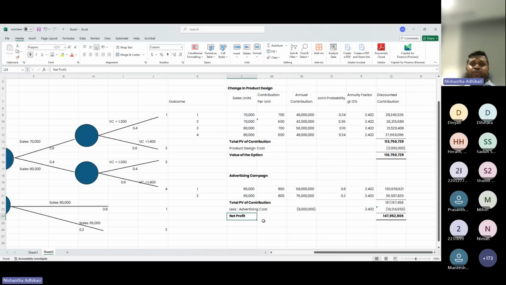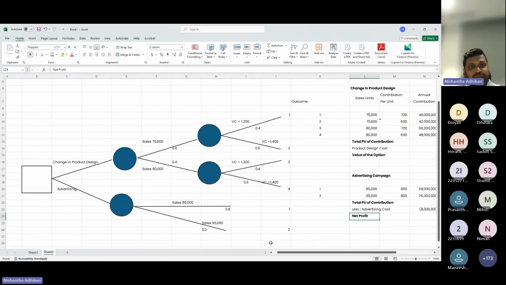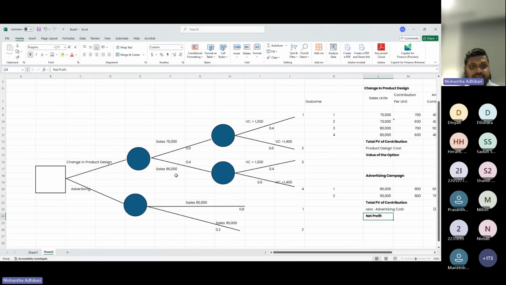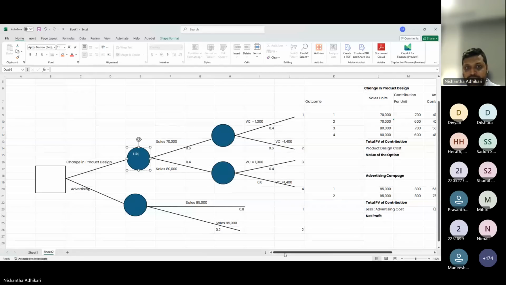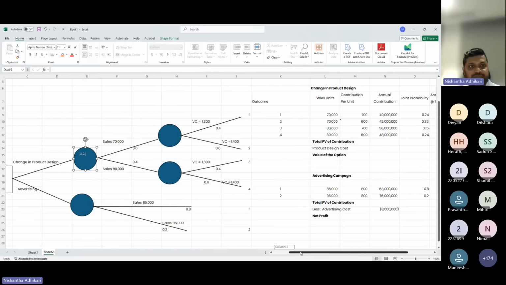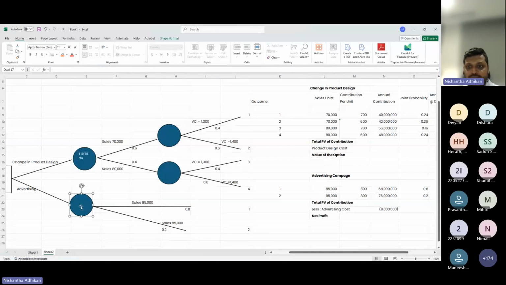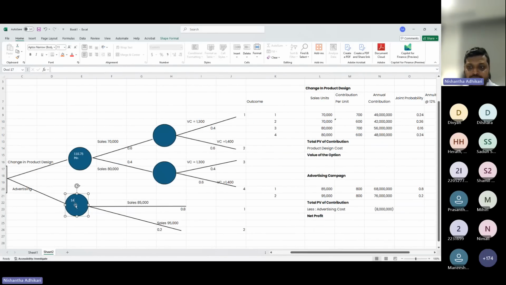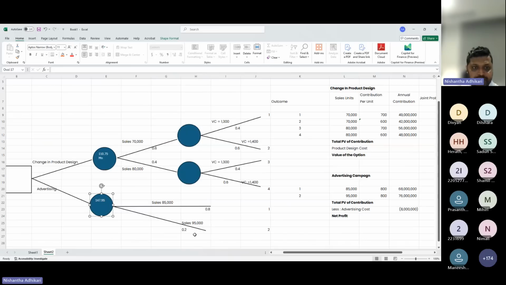If you compare these two options, the advertising campaign is more desirable because it gives 147 million present value. If I take the change in product design, the present value will be 110.75 million. But here it is 147.95 million.